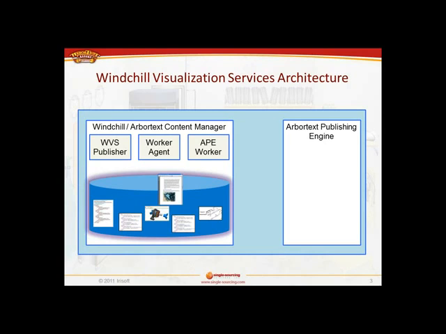The next step will be Publishing Engine. I already explained about the Publishing Engine and its relations with Tomcat. The next step, if you remember the previous slide, will be to configure the worker agent and the Arbortext Publishing Engine worker. Regarding the Publishing Engine worker, again, all you have to do is take some sample files from Windchill.